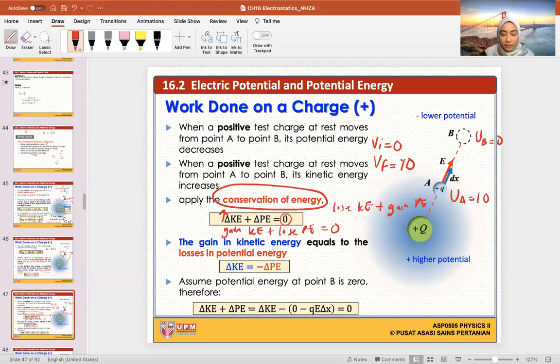So KE plus PE, let's try that. If I am gaining 10, that's not 10. We have to do 1 over 2 mv squared. Wait. If I'm gaining KE, let me say my KE is 10.